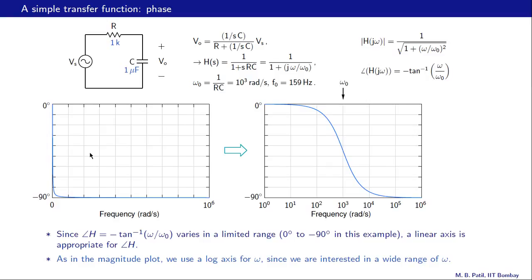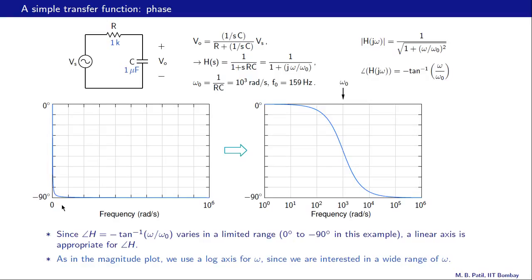Now the left plot here shows angle of h versus frequency with linear axes, and as we saw in the magnitude case, this plot is also not very useful because the low frequencies have got highly compressed here, and we really can't tell the difference between 10 raised to 2 radians per second and 10 raised to 3 radians per second, for example.